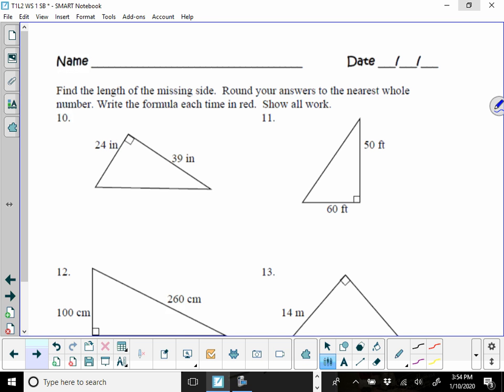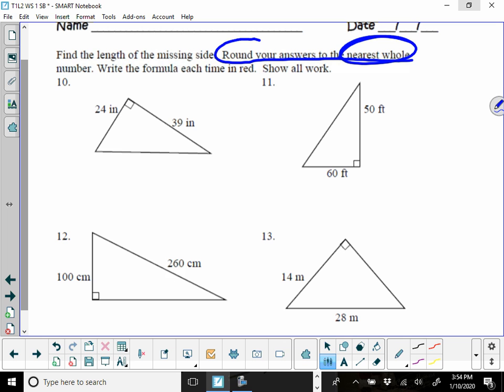Now this time we're going to actually find the approximate answer, and we're going to round to the nearest whole number. We're missing the hypotenuse this time. So x squared equals 24 squared plus 39 squared. x squared is going to equal 2097.